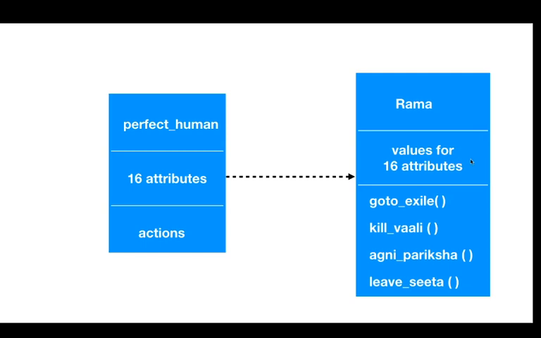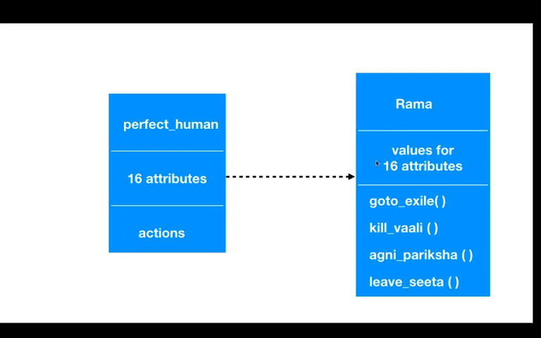Many people make this basic mistake of either glorifying Rama or ridiculing Rama without understanding this basic concept that Rama is an embodiment of 16 attributes which were first defined by Valmiki and later elaborated by Narada. So, the central theme of Ramayana essentially is the 16 attributes.